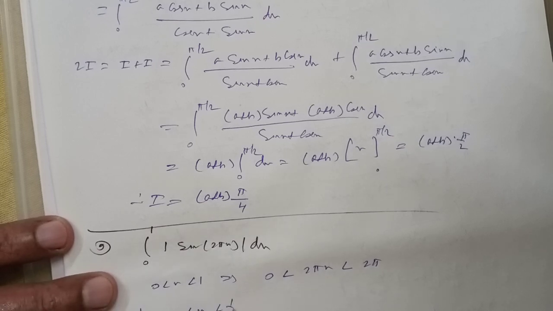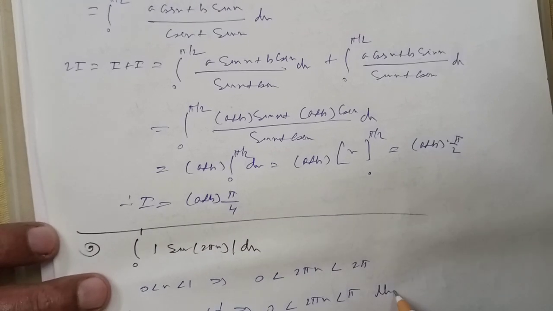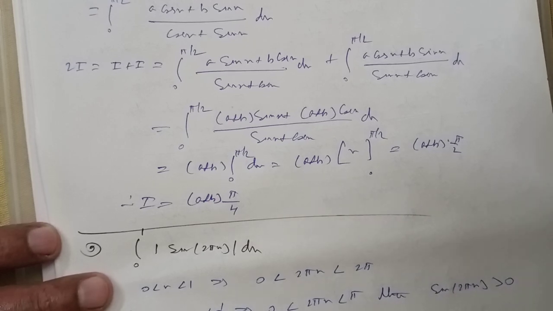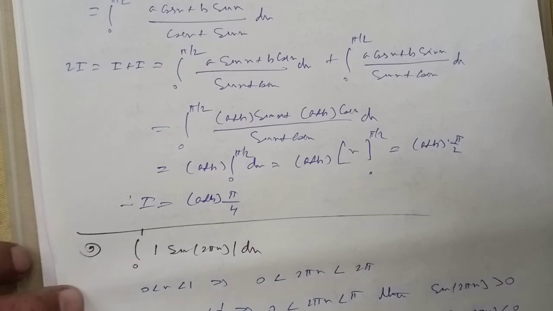When x is more than 0, less than half, that is 2 pi x lies between 0 to pi, then sine of 2 pi x is positive. And when x is more than half, less than 1, that is 2 pi x is more than pi and less than 2 pi, then sine of 2 pi x is less than 0.